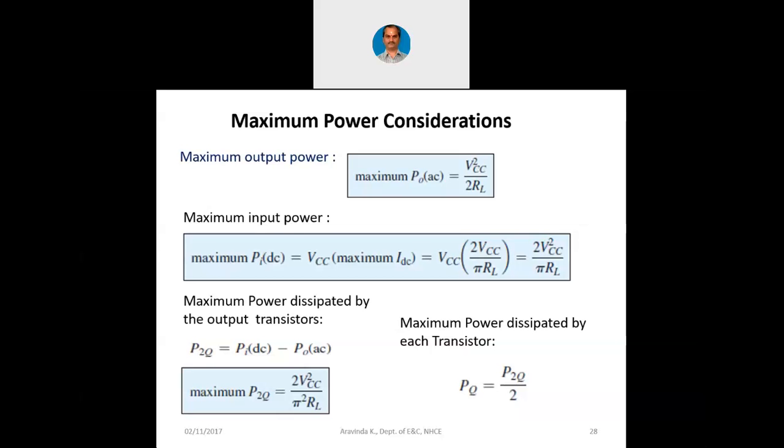It is not meant for any music concert or any public function. In all such applications where a heavy sound needs to be provided, for example, a siren in an industry or a factory, we don't have to go for class A amplifier. We can go for class B amplifier, where the amplifier will consume power only when the input signal is present. Otherwise, even if the amplifier is switched on, even if the power supply is given, it will not be consuming current because both the devices will be off.